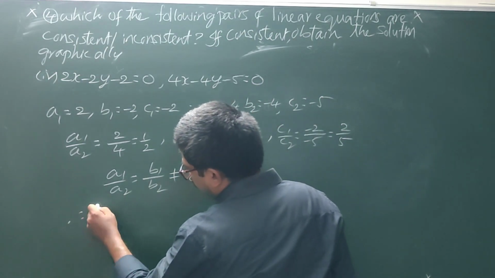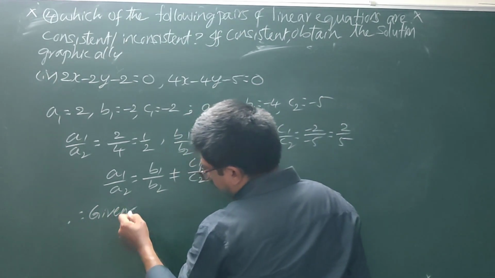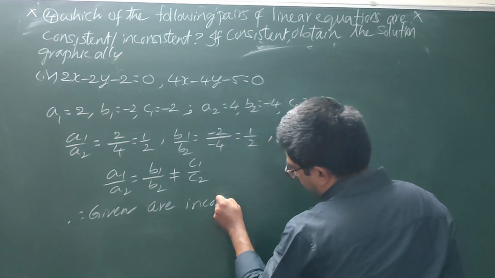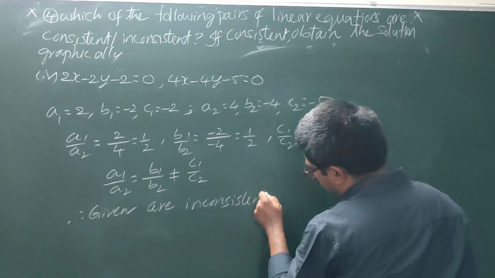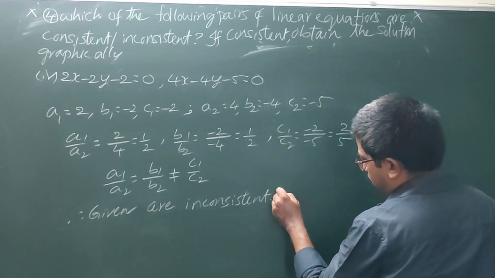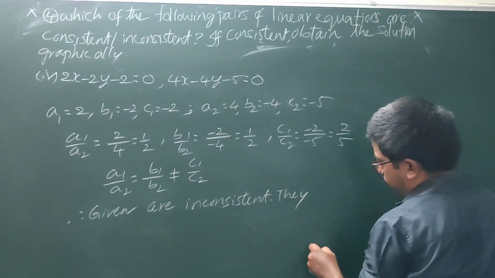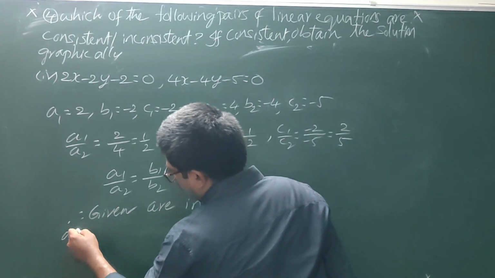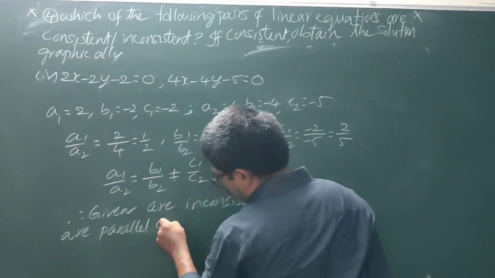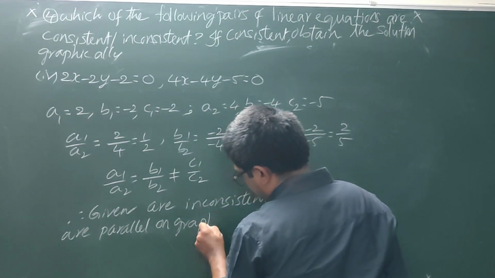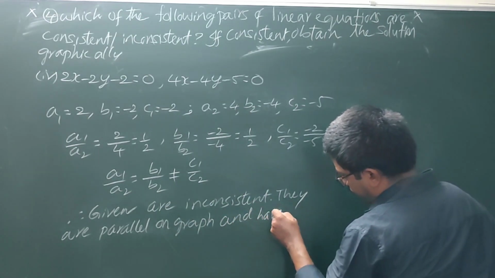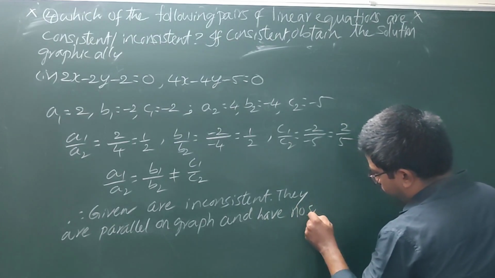Therefore given are inconsistent. They are parallel on graph and have no solution.